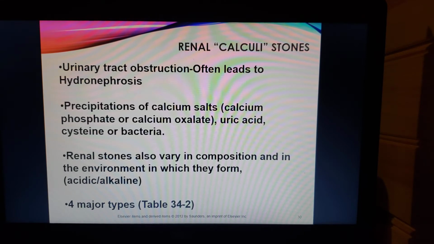Renal stones can also vary in composition depending on the environment in which they form, whether it's acidic or alkaline. You have on table 34.2, page 794, four major types of renal stones.